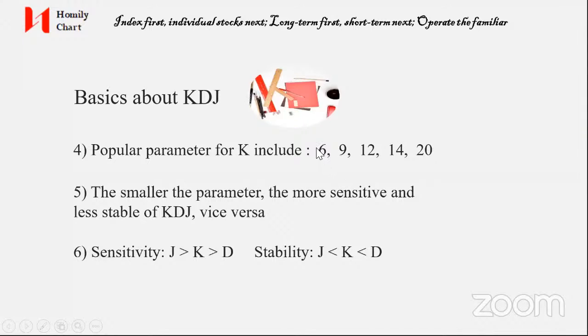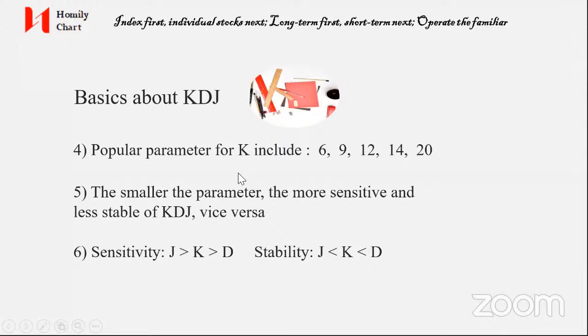If the parameter you set is a small value, let's say 6, then it will be quite sensitive. The smaller the parameter you set, the more sensitive and less stable the KDJ. If you take a bigger parameter, say you set the value for K as 20, then it will be more stable. Of course, more stable means it would be slower, less sensitive to the price changes, right?